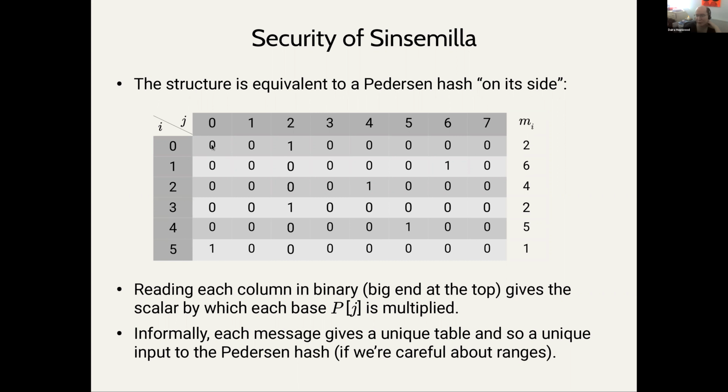So this is just equivalent to a normal Pedersen hash, except that it's easier to compute, because we can do one lookup per row. So we can process, in this case, 3 bits per row, but the size of the table that we use can be up to, say, 12 bits easily.